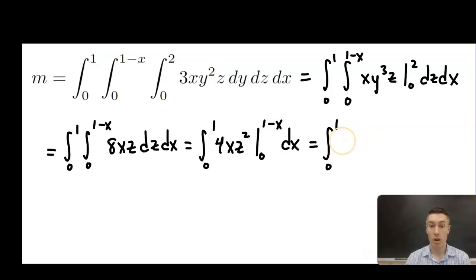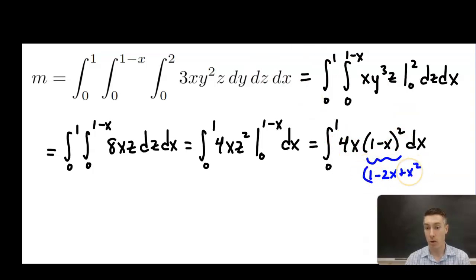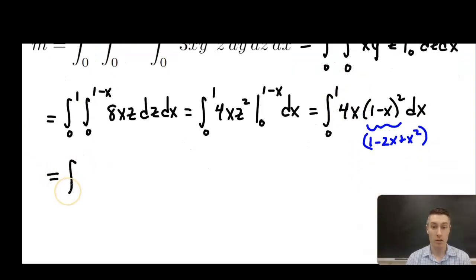So integral from 0 to 1 of 4x times (1 minus x) squared dx. Now, this is an example where we have to expand the (1 minus x) squared. We wouldn't be able to use a u substitution here because of this factor of x in front. So (1 minus x) squared is going to be 1 minus 2x plus x squared. So we can then distribute the 4x across that expression. So integral from 0 to 1 of 4x minus 8x squared plus 4x cubed dx.